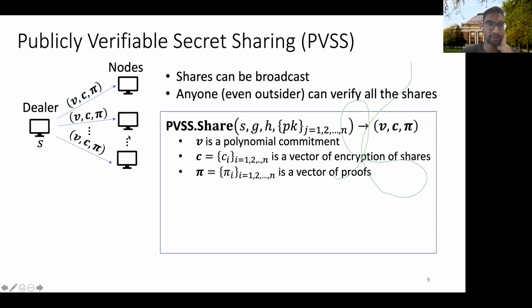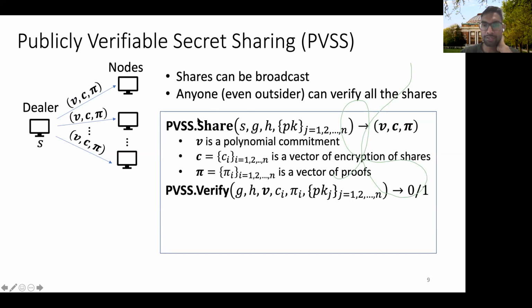The idea is the dealer computes these PVSS shares V, C and pi, and it sends V, C and pi to all the nodes. Each node, upon receiving the polynomial commitment, can verify individual encryptions, like whether individual shares are correct or not, and it does this using the PVSS.verify interface.